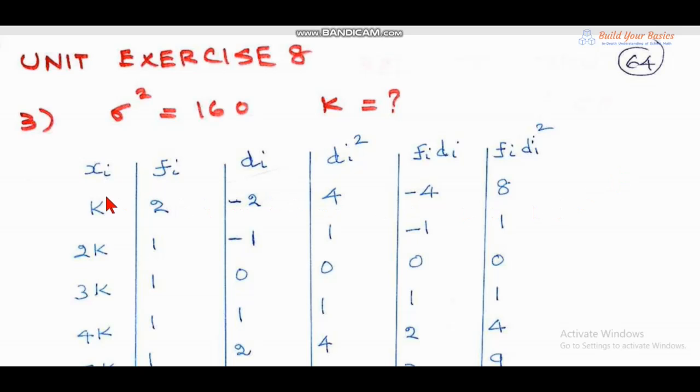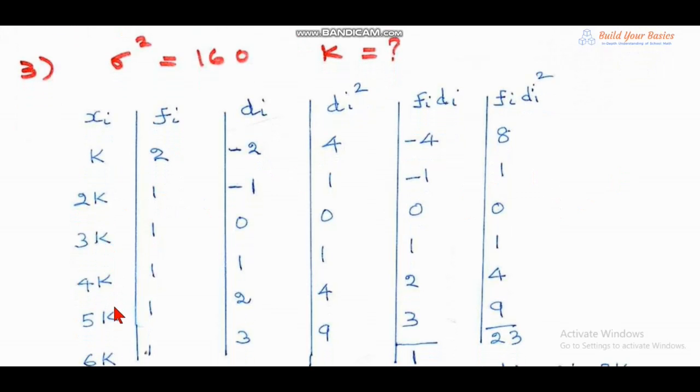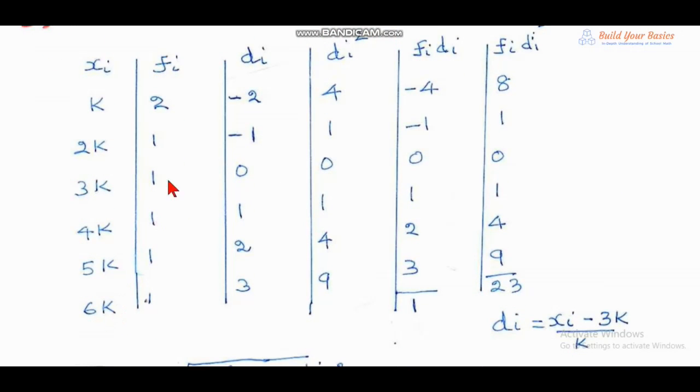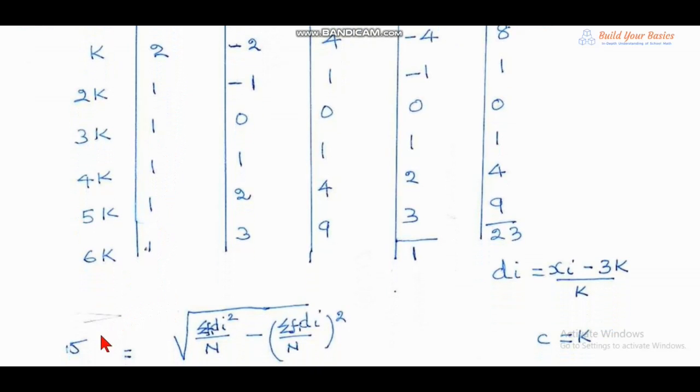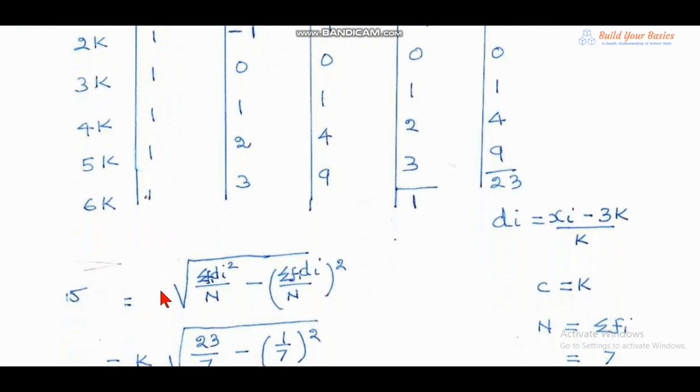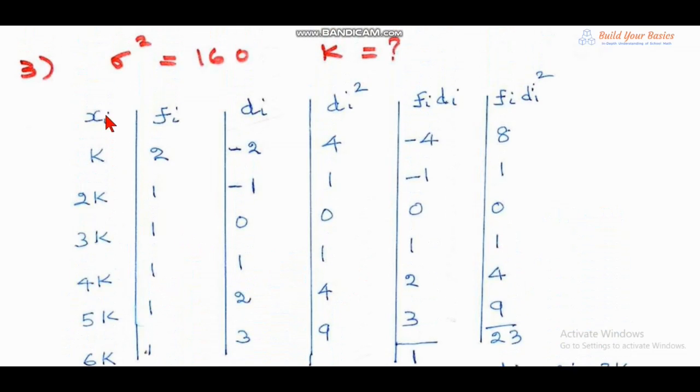Now the values of X are given: K, 2K, 3K, 4K, 5K, 6K, and frequencies fi are given 2, 1, 1, 1, 1, 1. The formula for calculation of sigma is C into square root of, because we are going to do by step deviation. The values of x increase by k: k, 2k, 3k, 4k, they increase by k.